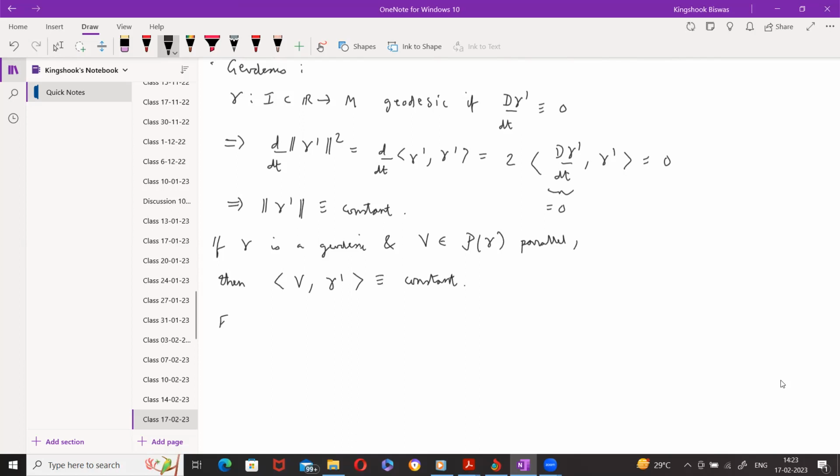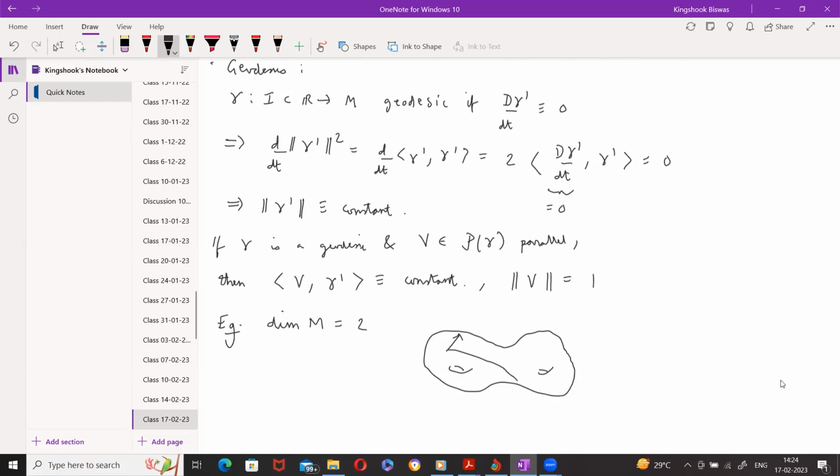So, for example, if I look at a manifold of dimension 2, that is a surface, what that means is if I take a geodesic in a surface and I parallel transport a vector along that, right, then the parallel vector is going to, first of all, the length of the vector will be constant.